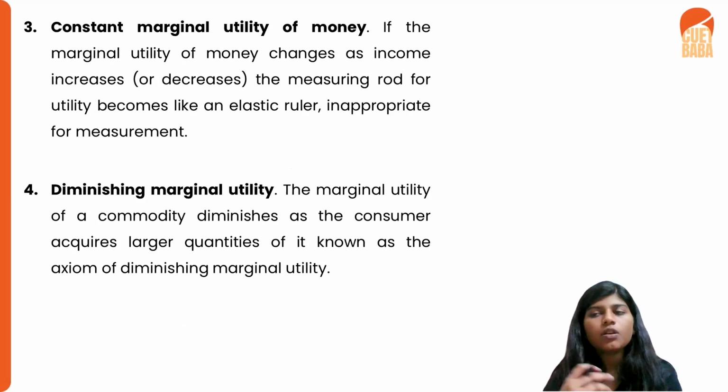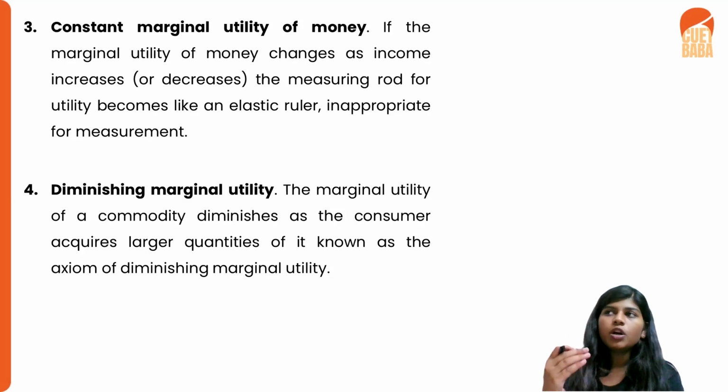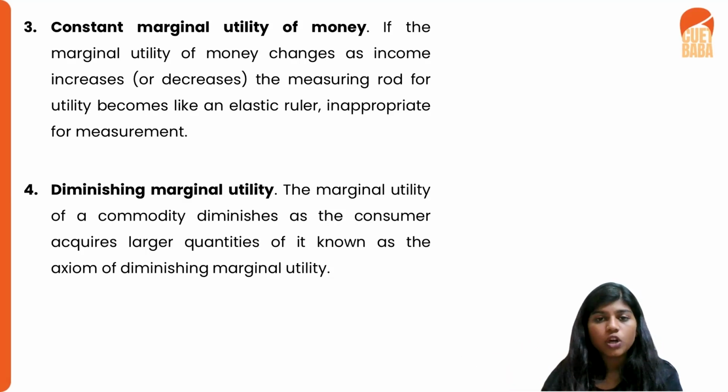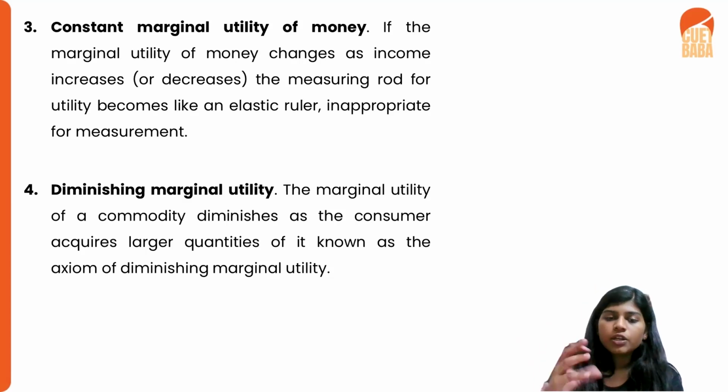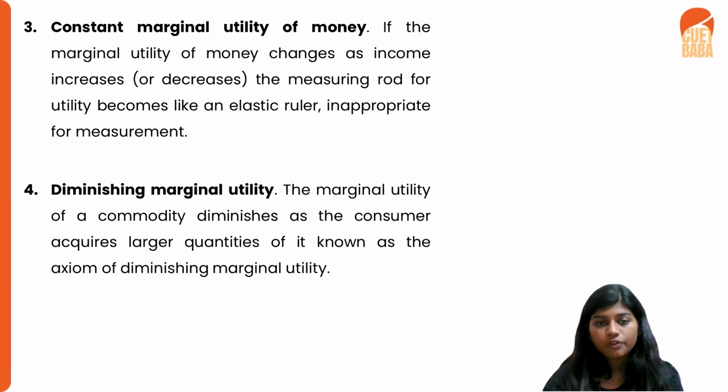For example, if you take the production of a company and the work done by each laborer, there might be 100 laborers, and if the work done by one additional laborer is not increasing the productivity of that company, then there's no point in having that additional laborer, right? Similarly, here we see the marginal utility of money, which means one additional unit of utility of money. Here it is assumed to be constant.